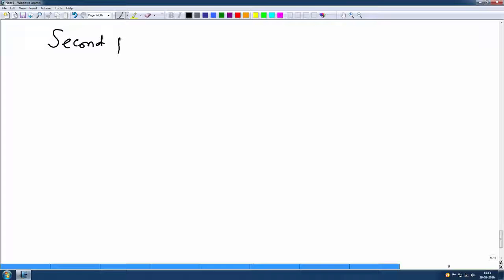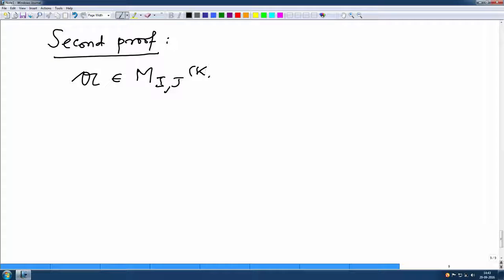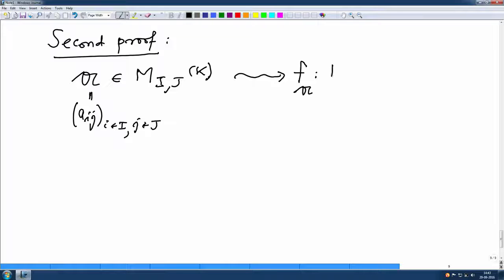So, second proof. We have been given this matrix A, which is Aij, i in I, j in J. But one should think really this is a linear map F_A, which is from the vector space k^J to k^I.